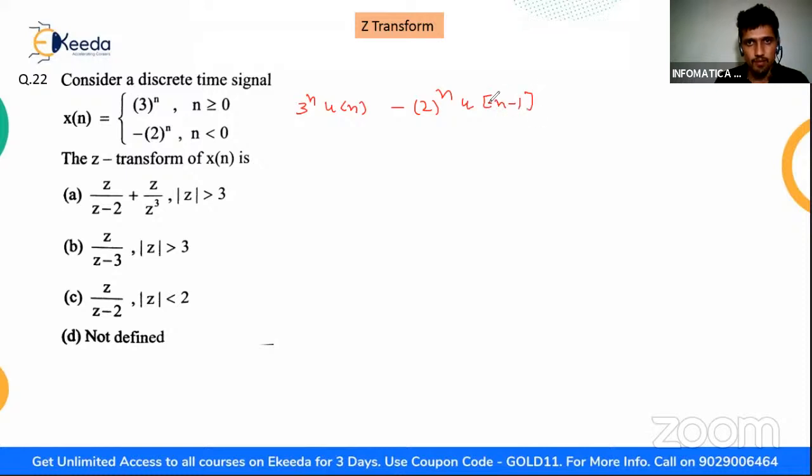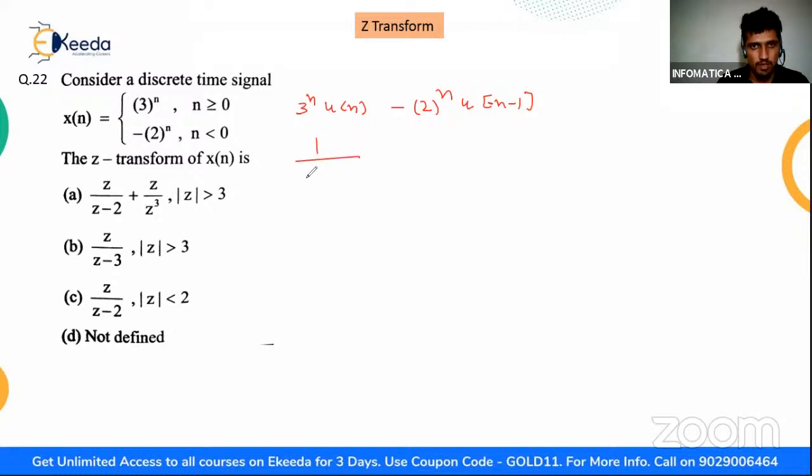So they mentioned for n less than 0 means n is not including 0 here, 0 is included here. And we have to just determine the Z transform. Since this is a right-sided sequence, the ROC will be outer to the outermost pole.